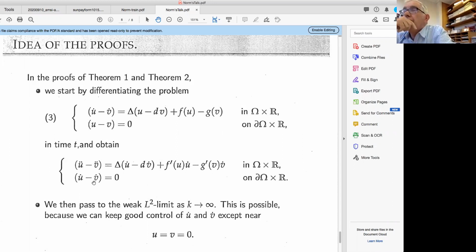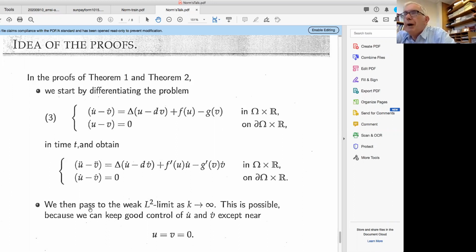Now it turns out it's this equation we use to try and get contradictions if we had bad solutions. What we do is pass to the limit in this equation. This is technical, so I'm not going to say much. Firstly, we use the usual tricks.